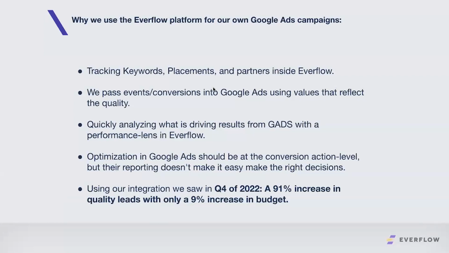And our marketing team has been using this very successfully, and they've seen a 91% increase in the quality of their leads with only a 9% increase in budget. So this is really a pretty big win for our internal team, and we also wanted to share that with you. We hope that you also see a similar increase in performance and quality of your campaigns by using the integration.